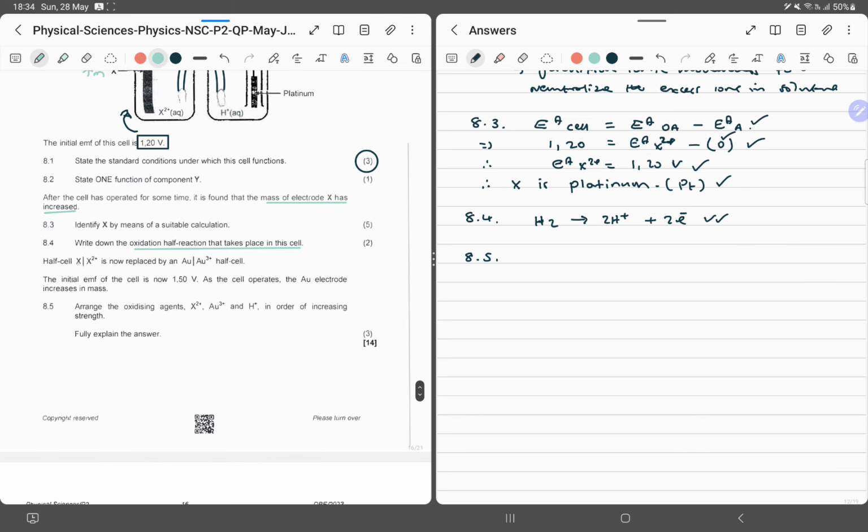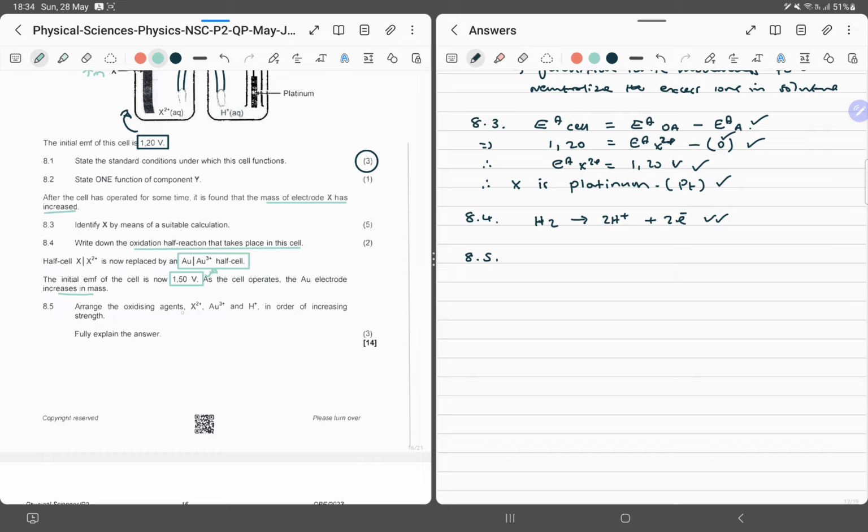8.5 says, okay, half cell, this one, the platinum one, is now replaced by the gold one, okay? Now it says the initial EMF of this cell is now. So knowing that hydrogen is 0, this is obviously the electrode potential of gold. Now as the cell operates, now the gold electrode increases in mass, obviously it's a cathode.